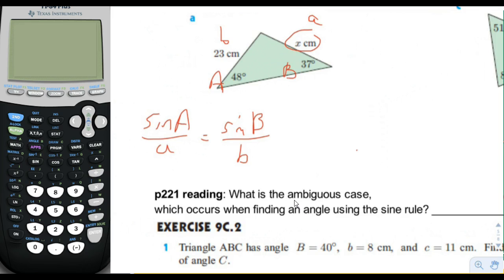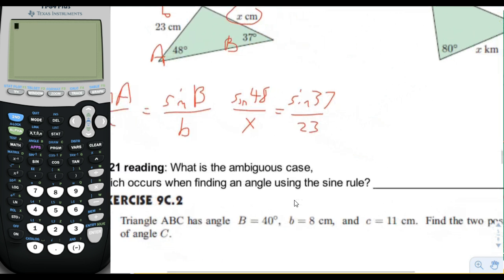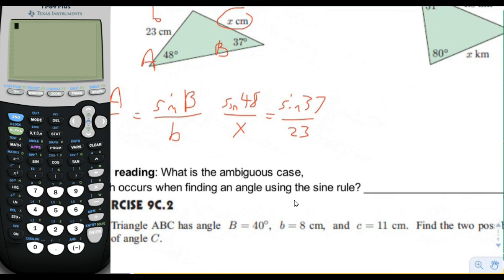So let's do the substitutions here. Small b is 23. Sine of capital B is sine of 37. Sine of big A is sine of 48. And a is just x. Okay? So now you can see that all you need to do is use the calculator, find sine of 37, sine of 48, and then do a little bit of algebra, and you have the answer.